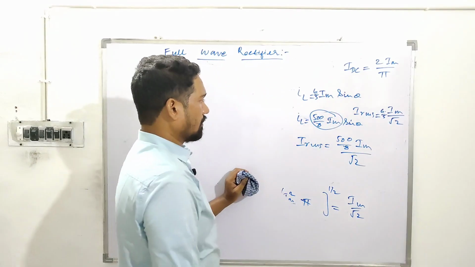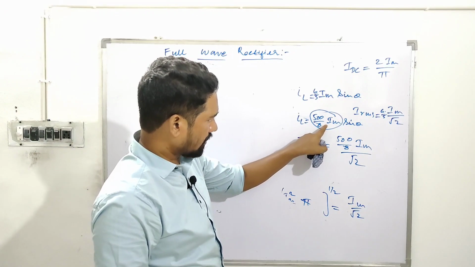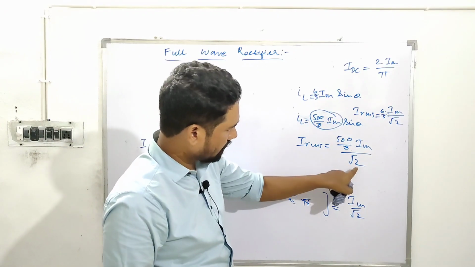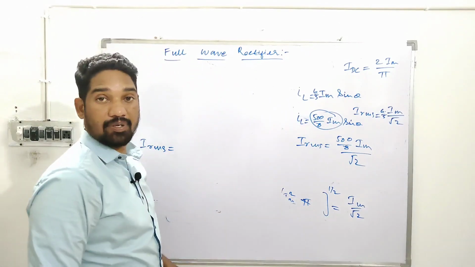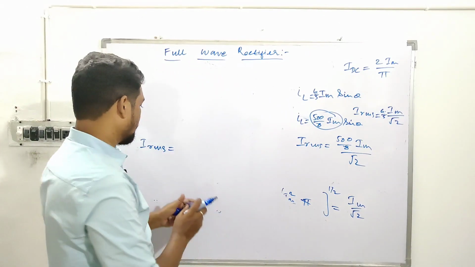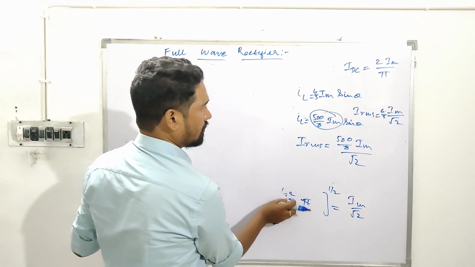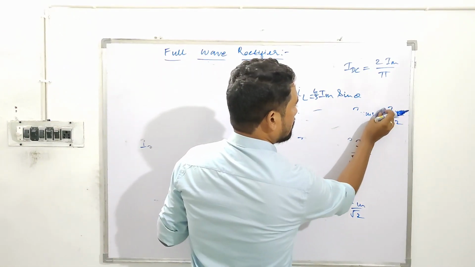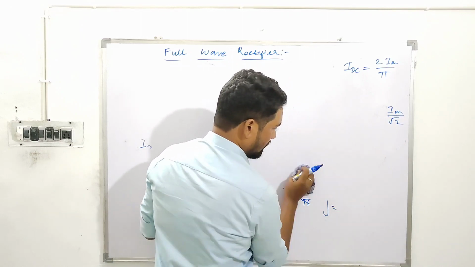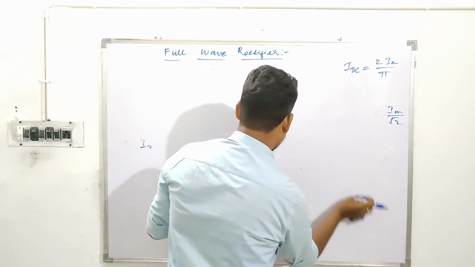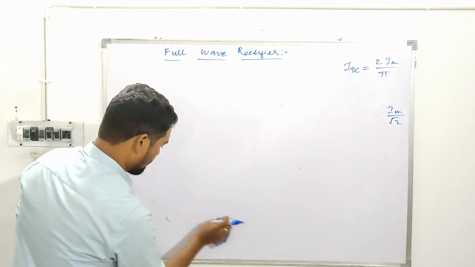Whatever value or whatever multiple of Im we have, that will be divided by root 2 if we evaluate the RMS value for a full wave rectifier. Remember this one. IRMS is equal to Im by root 2. Whatever multiple we have for Im comes down as it is.